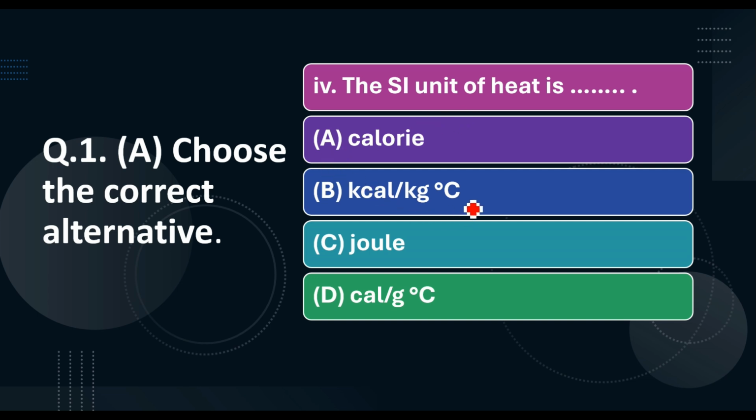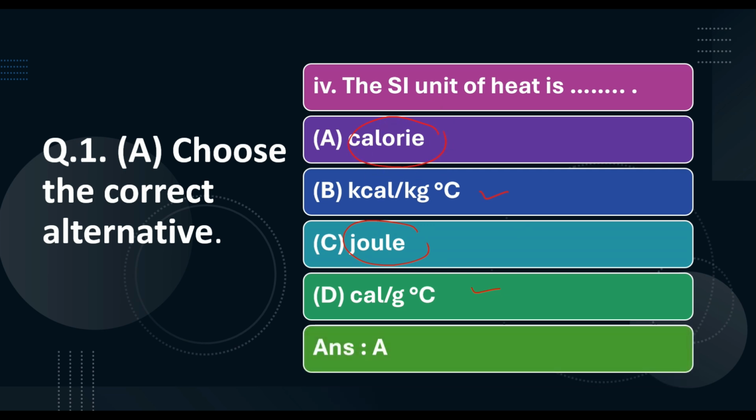Especially option B and option D are related to specific heat capacity. Now we have two options, joule and calorie. So the correct answer is the SI unit of heat is calorie. Now we'll go to the next question.